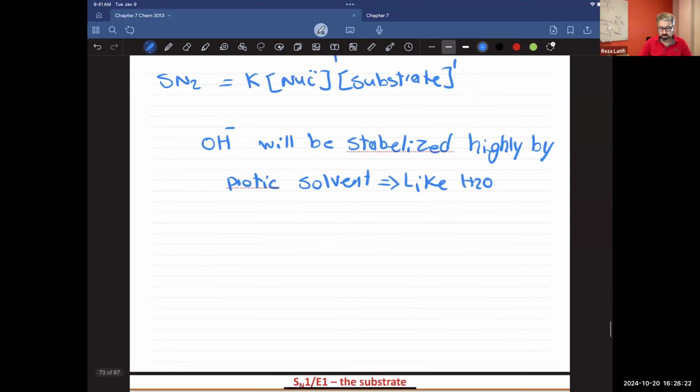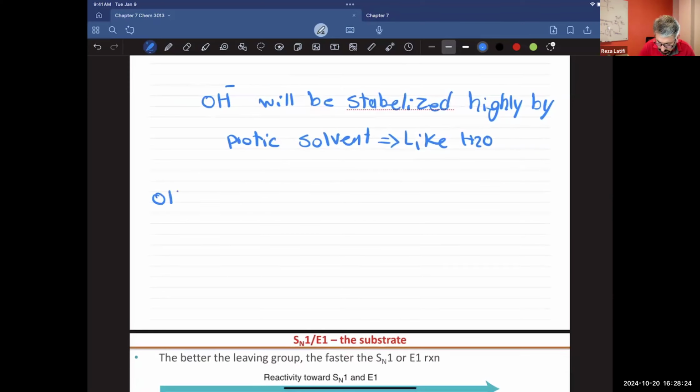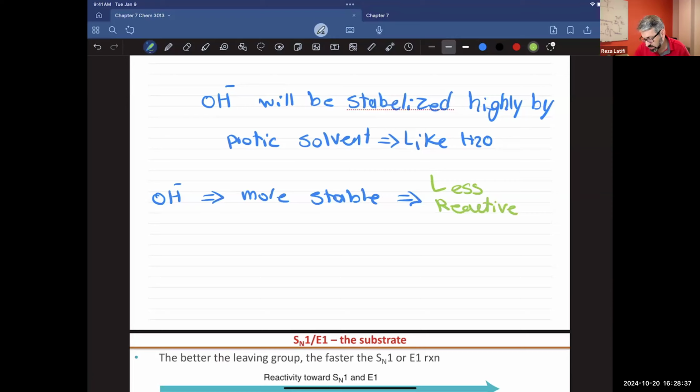Okay, what does it mean? More stable means less reactive. Okay, more stable, less reactive.